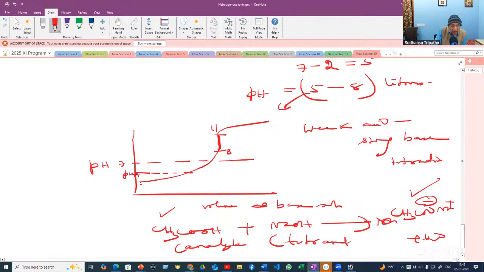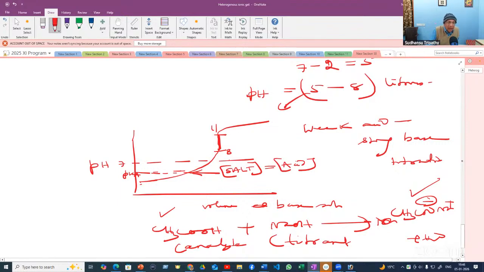So in between the starting point and the equivalence point, at a certain pH, the salt concentration becomes equal to the unreacted acid concentration. Then the log 1 will be 0. So pH will be pK.